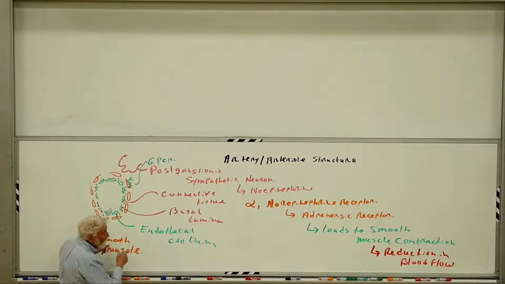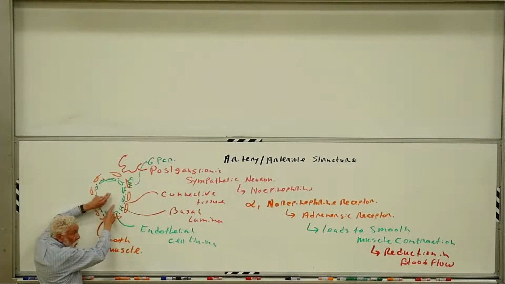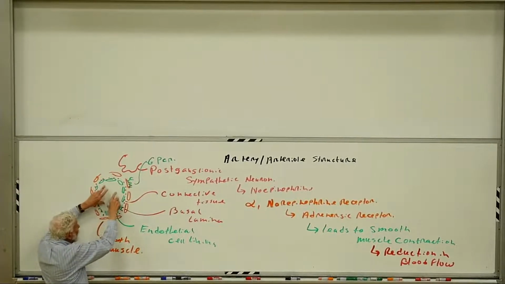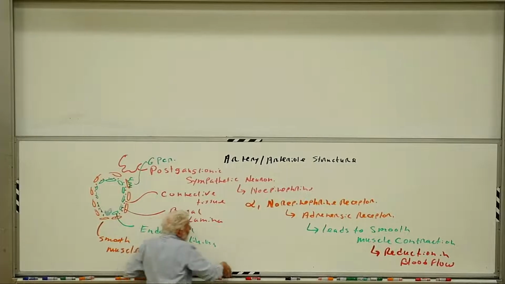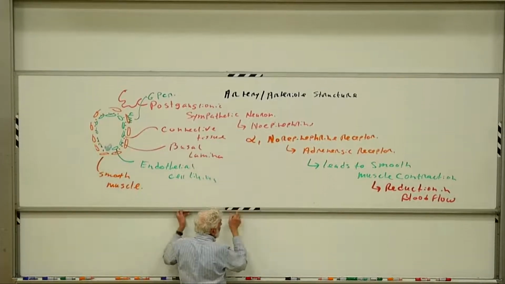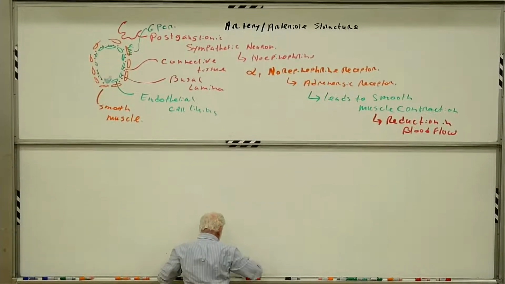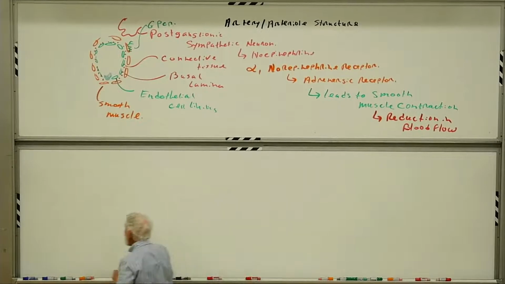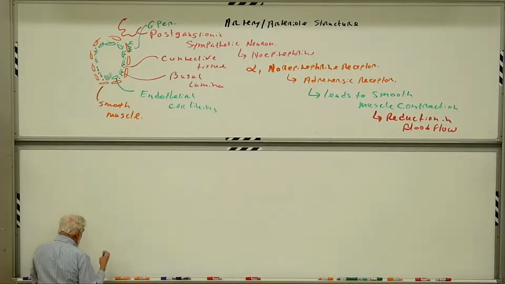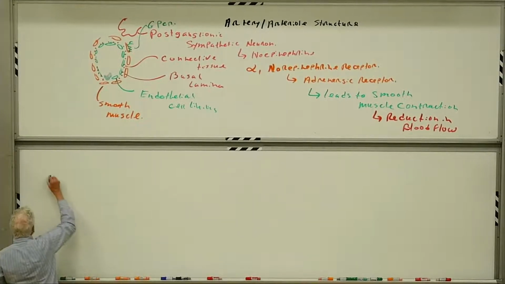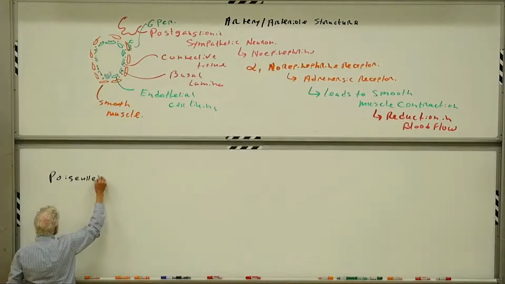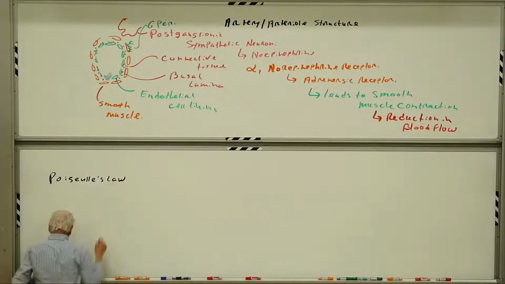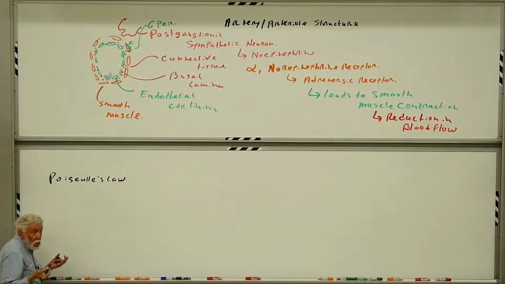But locally, what we can do is decrease the diameter of the tube and reduce the flow through it. Well, we can formally describe that in something we've talked about earlier when we talked about the coronary vasculature, and that's Poiseuille's law. And Poiseuille's law is just an equation.